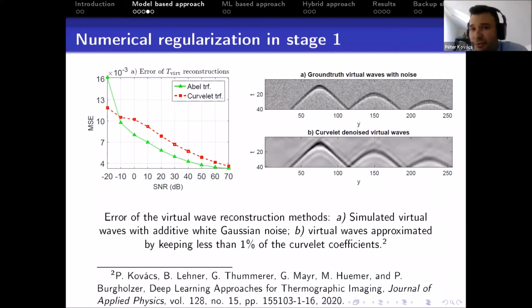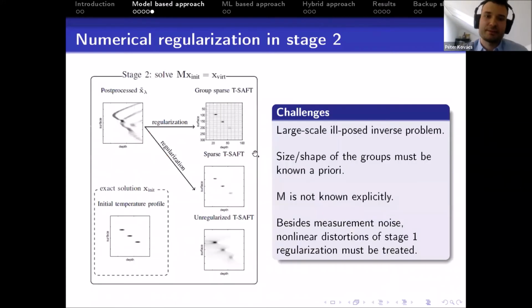But I would say in the future, if we use machine learning techniques, I think these two transformations could be combined in order to further improve the reconstruction process in the first stage.